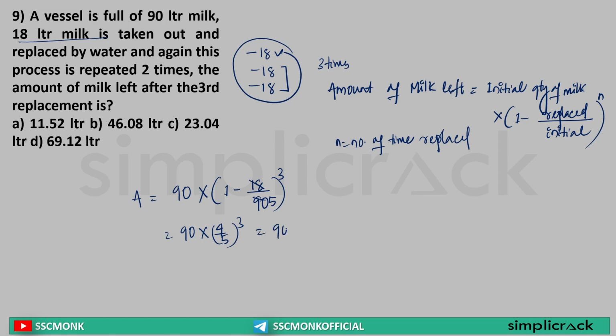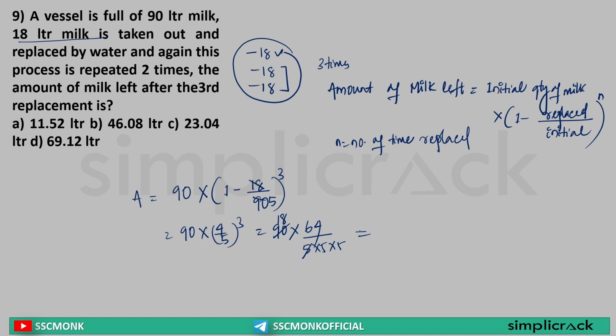So let's solve. 90 into 4 cubed is equal to 4 fours are 16, 16 into 4 is equal to 64, divided by 5 into 5 into 5. 5 18s are 90. Clear? What is remaining? Sir, 64 into 18 divided by 25. Yes. Now let's solve this. 18 into 64 divided by 25.